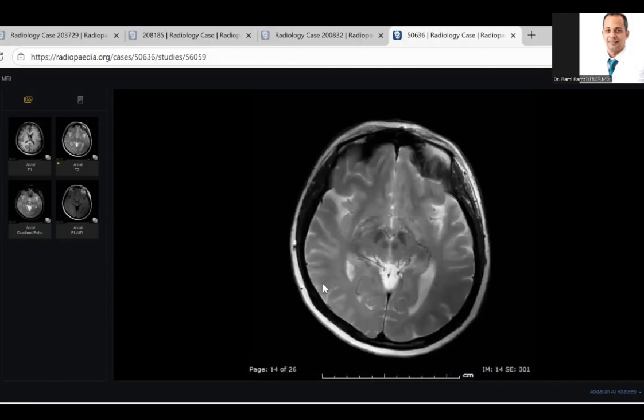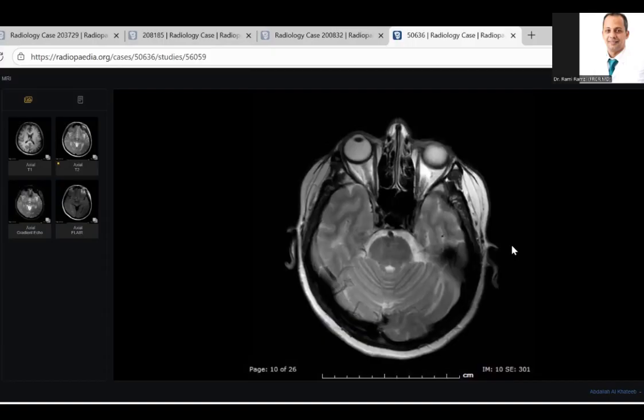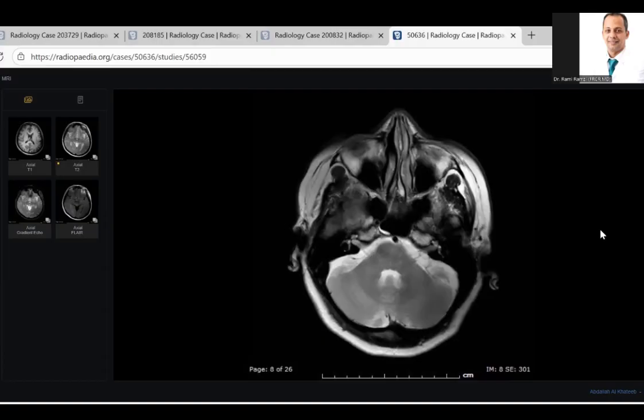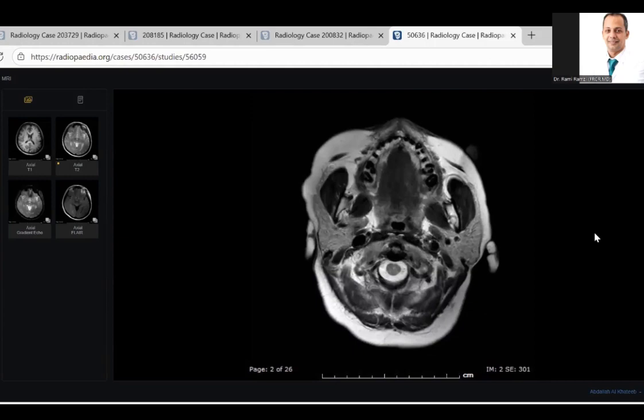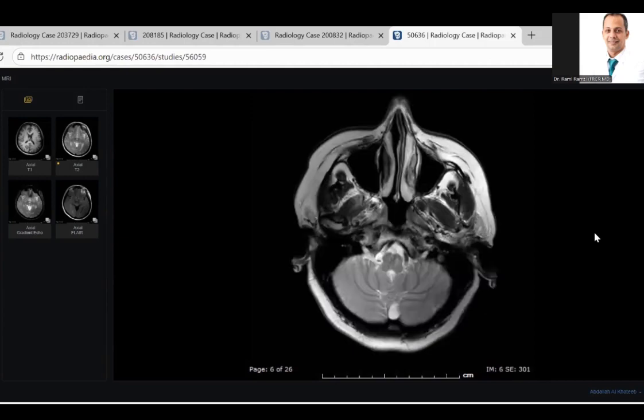Okay. So these are the axial images of brain MRI, T2 sequence. The images are lagging, so I want to start from inferior and go superiorly.